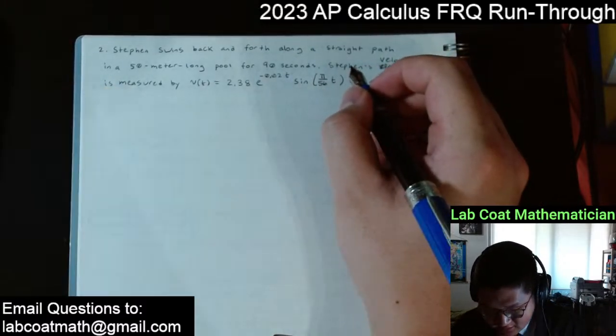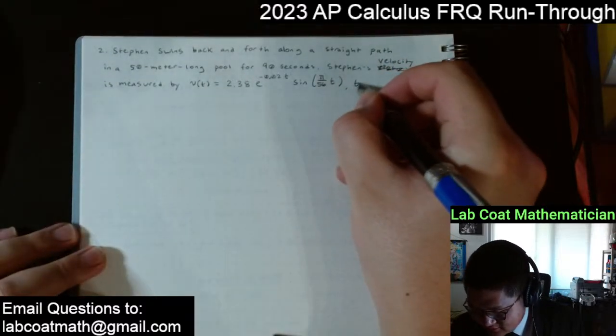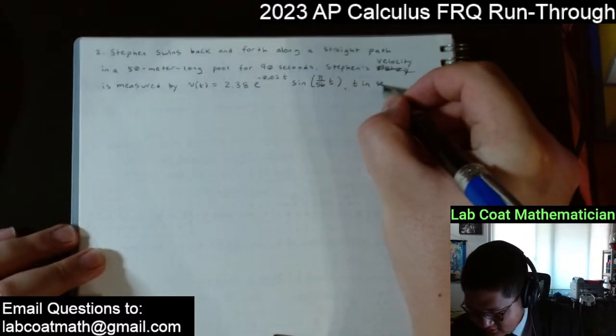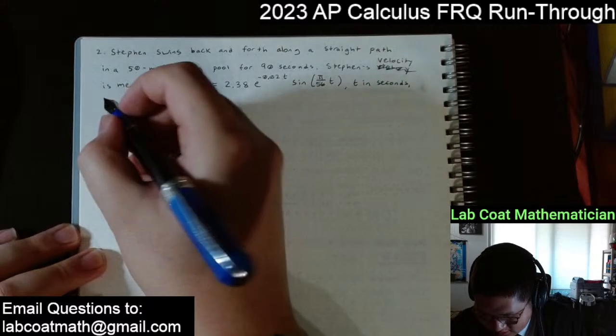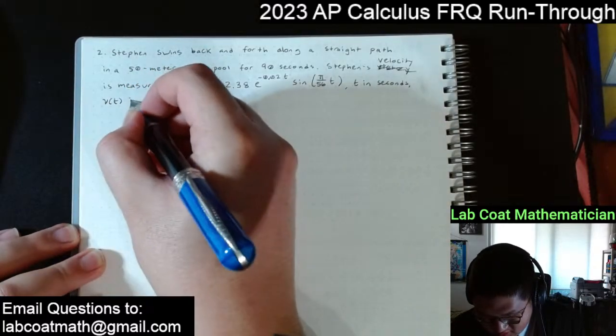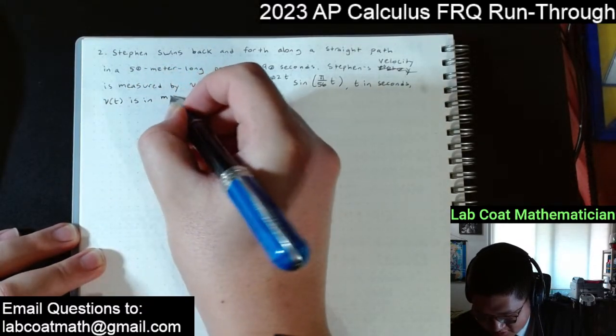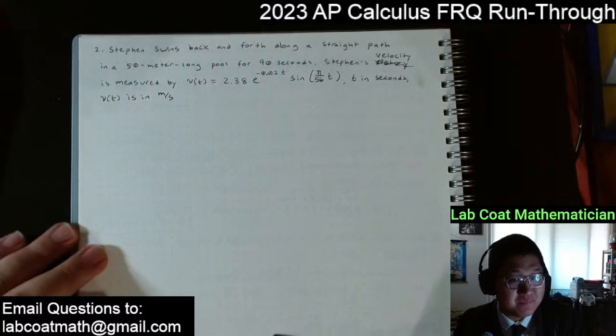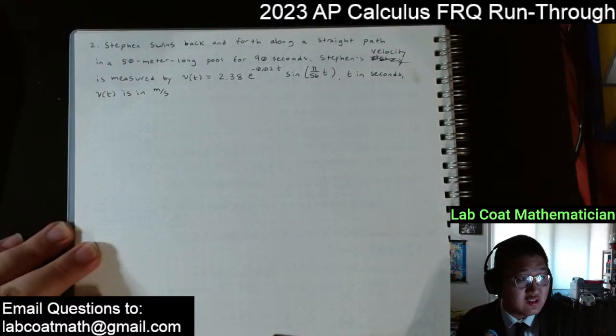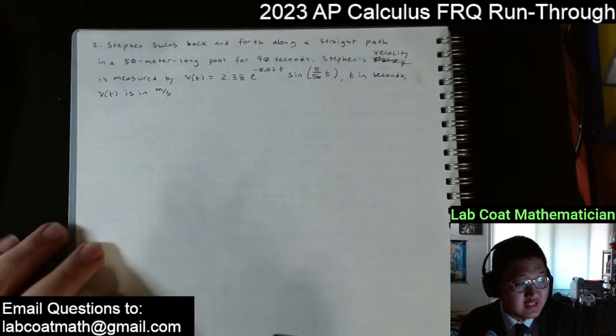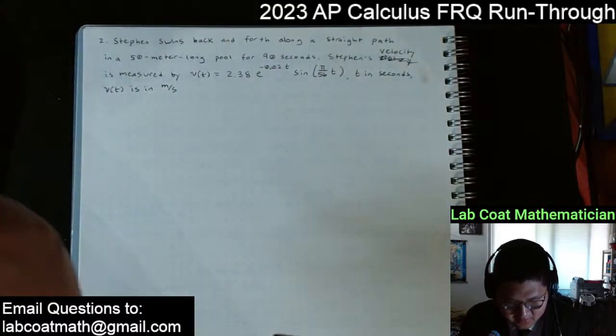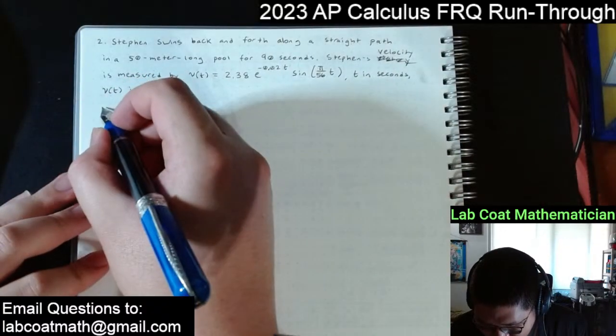Okay, and t is in seconds, and v of t is in meters per second. Quite interesting as a way to show a velocity function, but that's what we have so far. Then we have part A here.